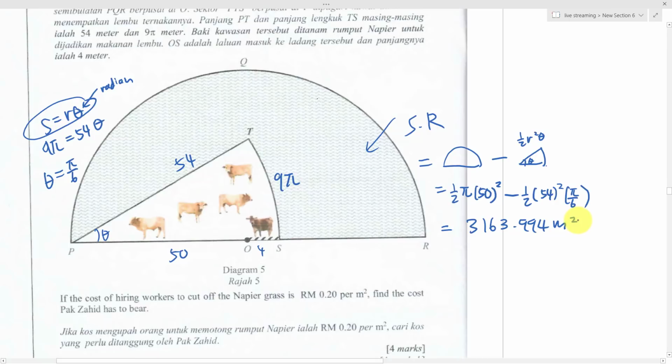Each meter square is going to charge me 20 cents, and I need to know how much I need to pay the worker. So I multiply by 0.2. Basically I need to pay about 632 ringgit and 80 cents. Alright, you just simplify it, it should be okay.